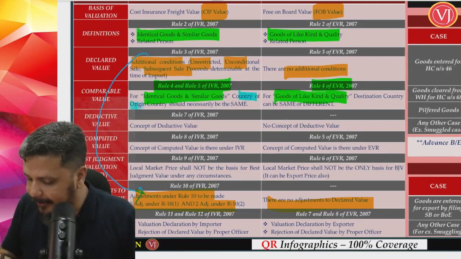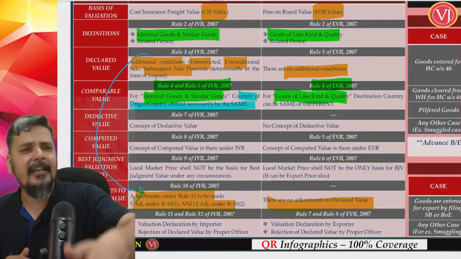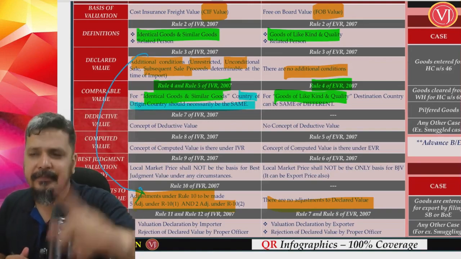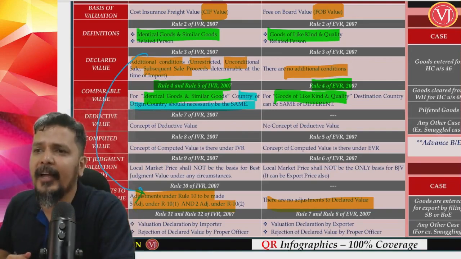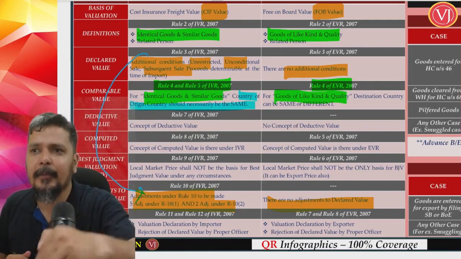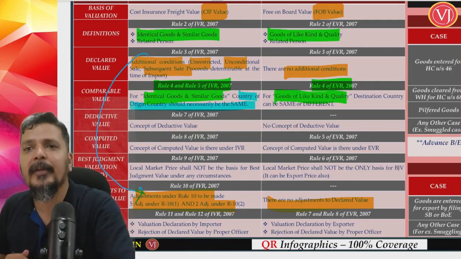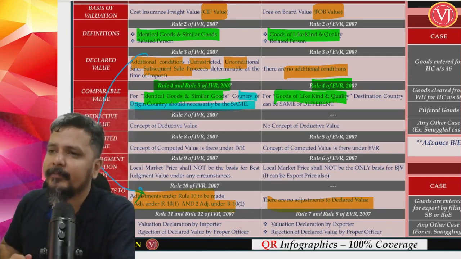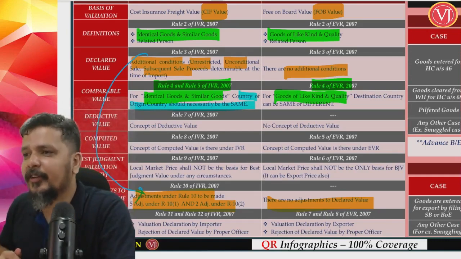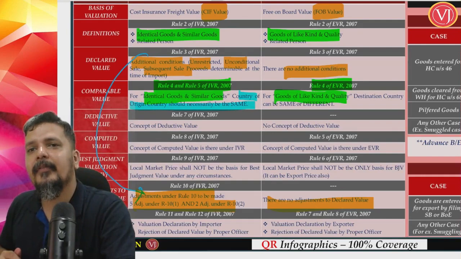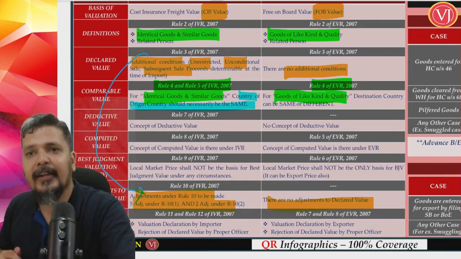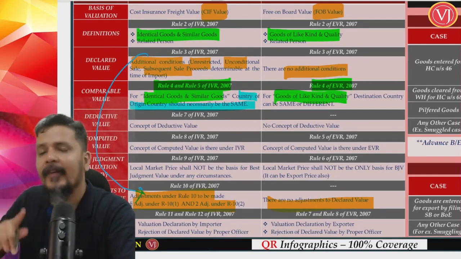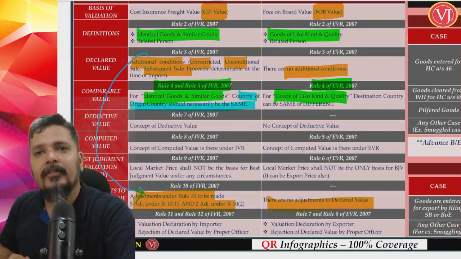More importantly, country of origin should be the same. Because in import, destination is India. If you have imported from USA, your reference point should also be from USA to India. But in export, they are not bothered about the destination point. You have exported from India to, say, Sri Lanka.